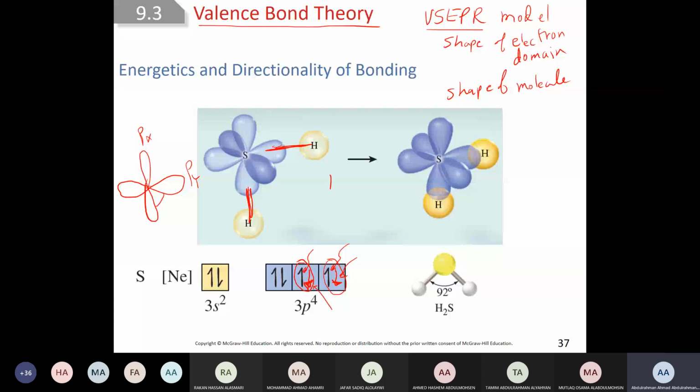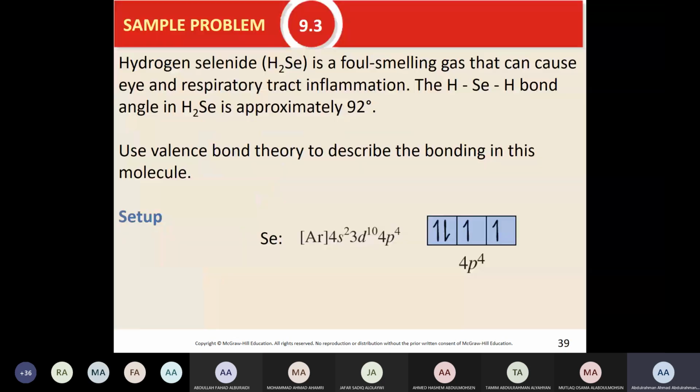Closer to 90. Hydrogen, sulfur, hydrogen. What's the bond angle going to be? About 90, greater than 90. It was actually found to be 92.